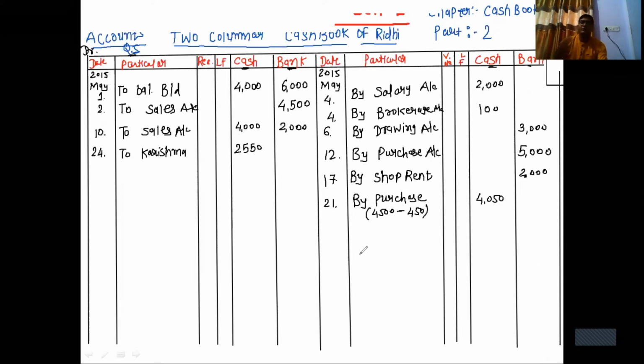In the earlier transaction, date 24, Karishma paid to us, and on the 26th date we have paid to Atma Kalyani. So on the credit side, date is 26, we have to write by Atma Kalyani account.